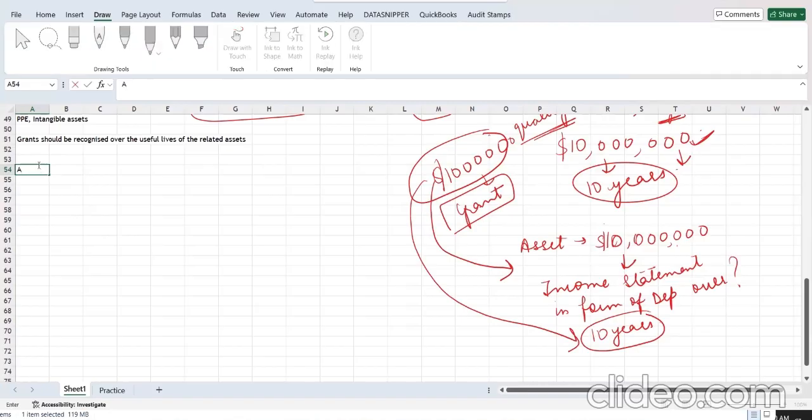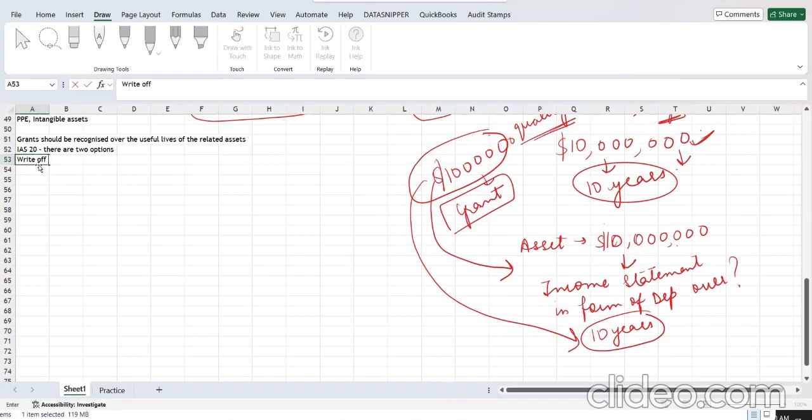So I would say, or not me, but IAS 20 says that there are two options for recognizing your capital grant. What are the two options?